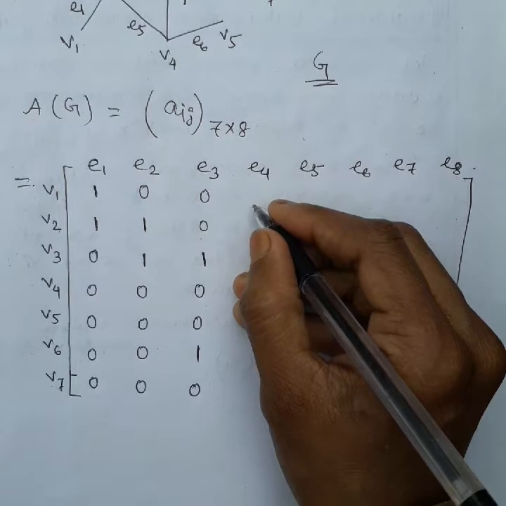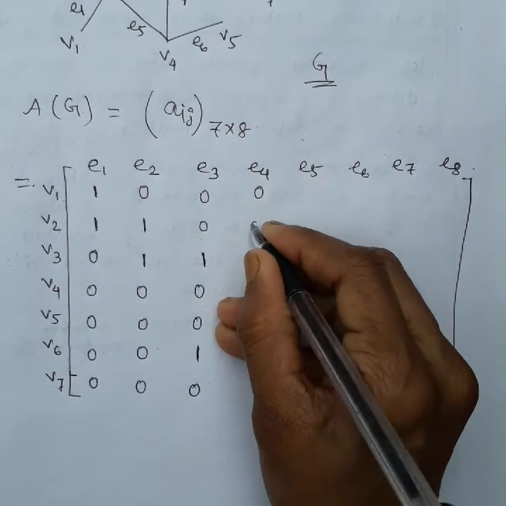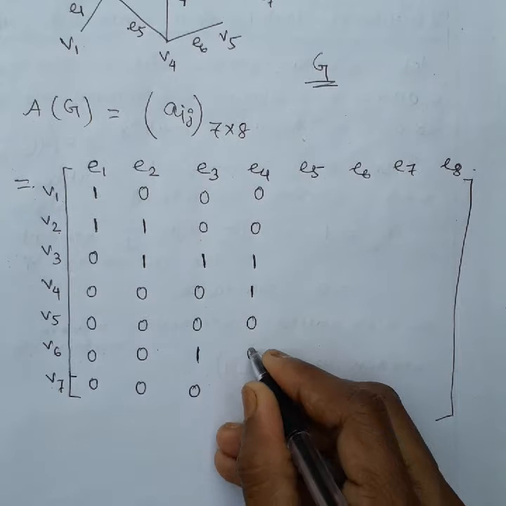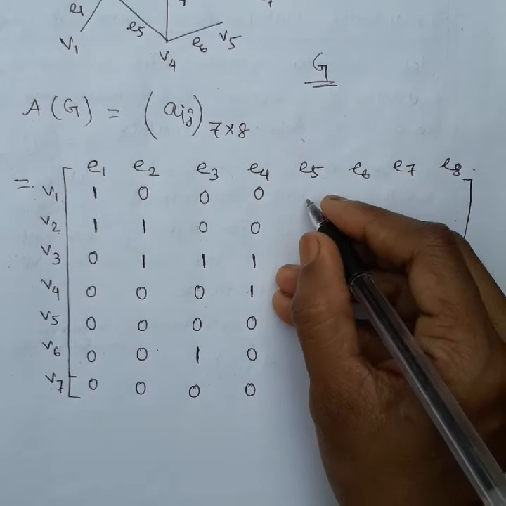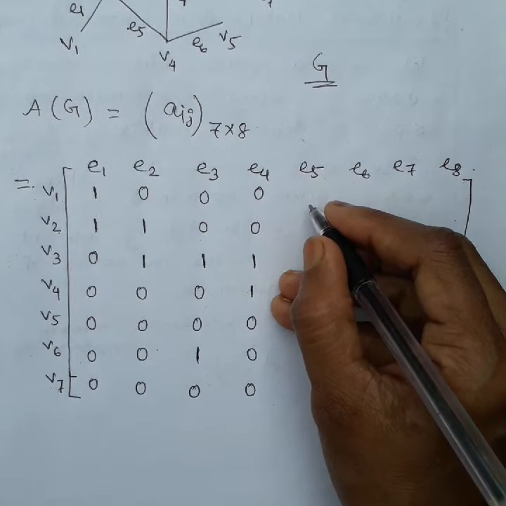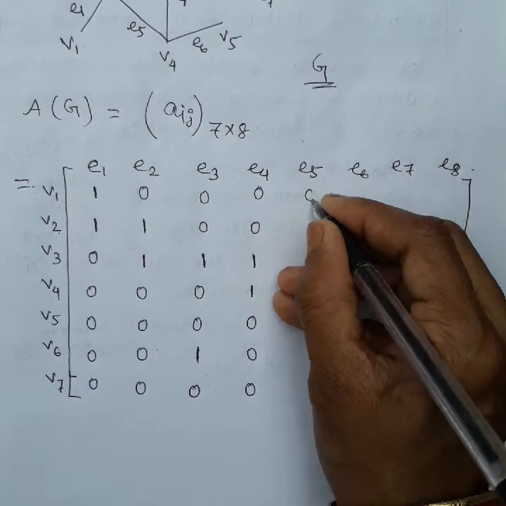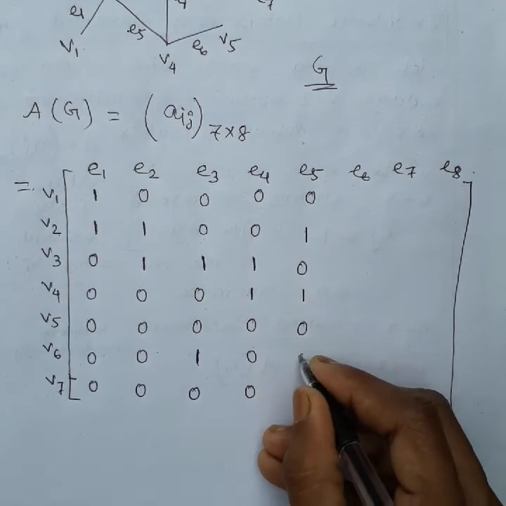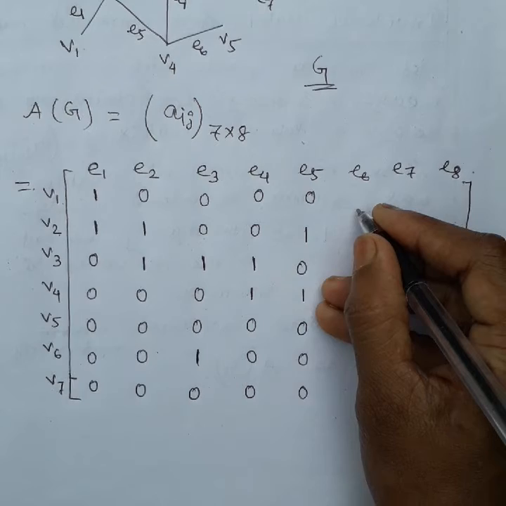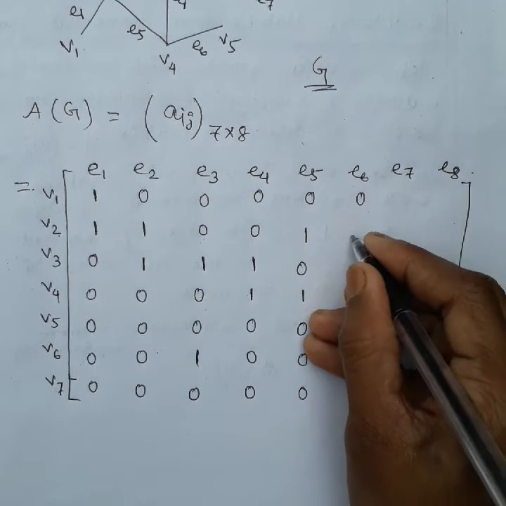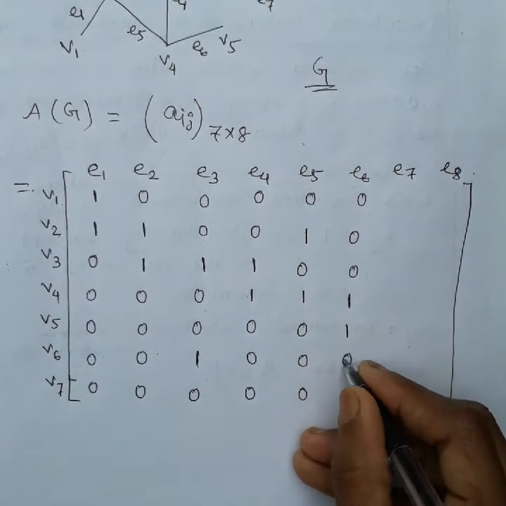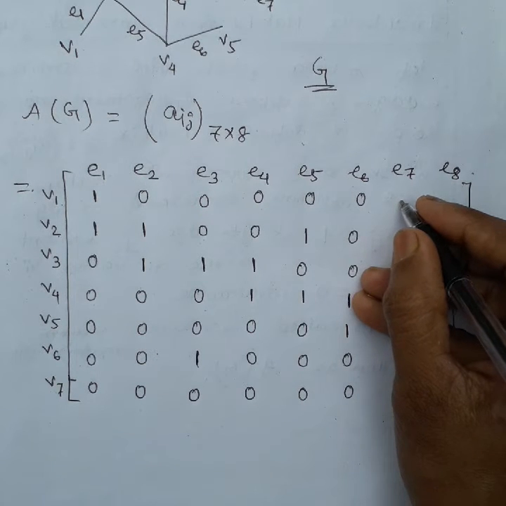E4 is connected with V3 and V4, so only V3 and V4 are 1, others are 0. E5 is between V2 and V4, so V2 and V4 are 1, others are 0. E6 is between V4 and V5, so V4 and V5 are 1, others 0.